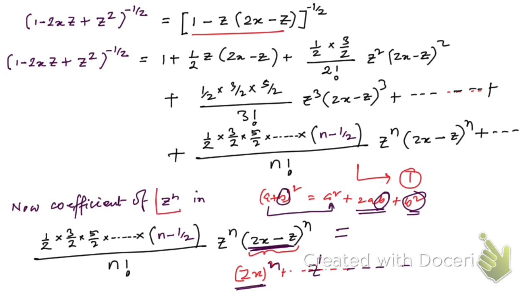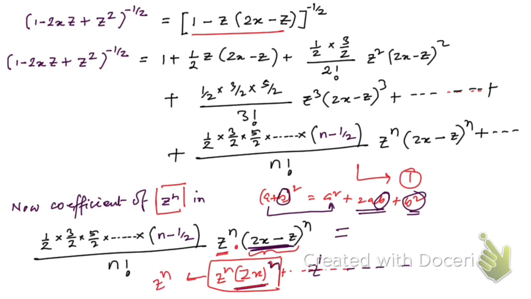So we are going to target the term where we have only z to the power n. Here we have z to the power n, and if you multiply z to the power n into (2x) to the power n, this term will contain only z to the power n.